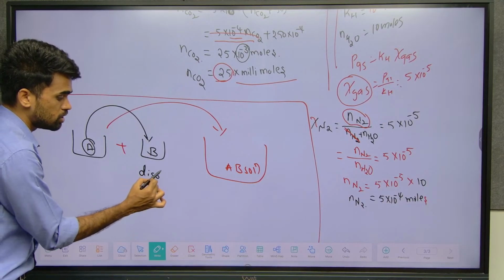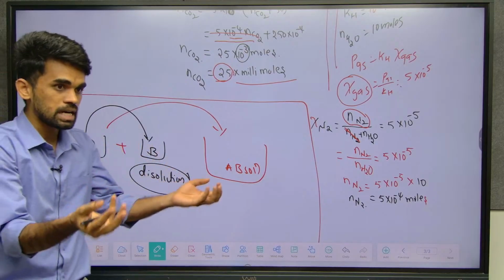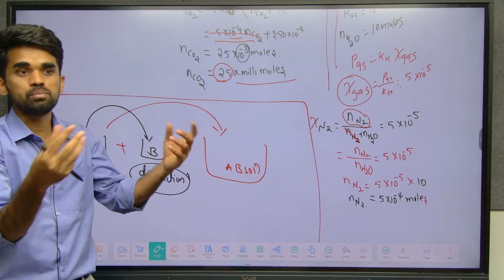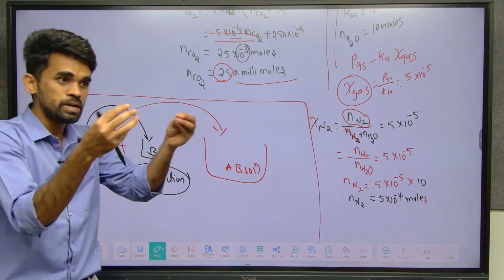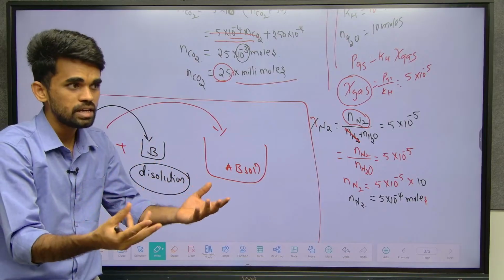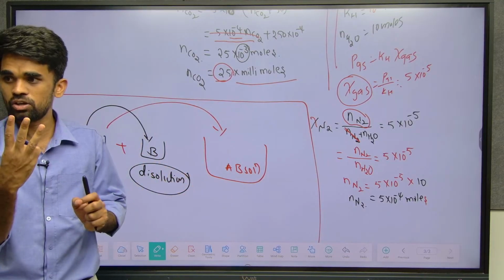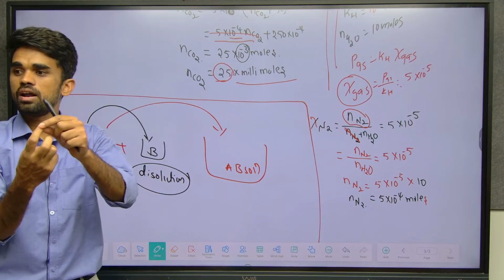During this dissolution, heat might be released or heat might be absorbed, or there is no change in heat. What are the three conditions I told you? Either heat can be released or absorbed or no change.